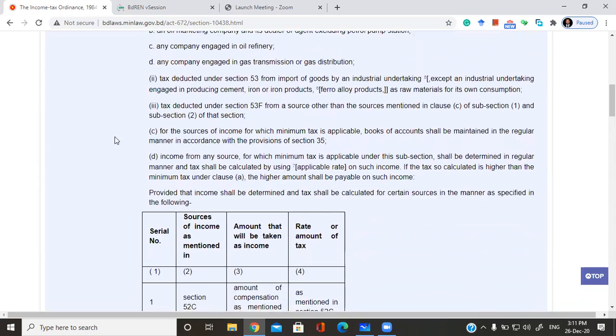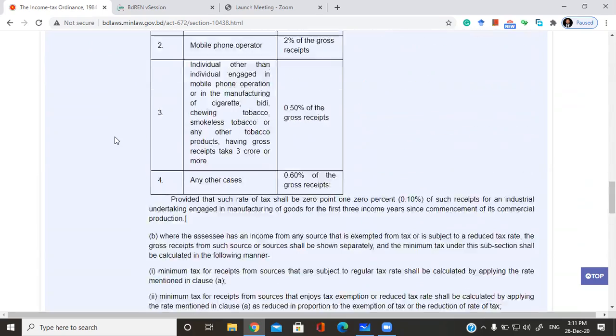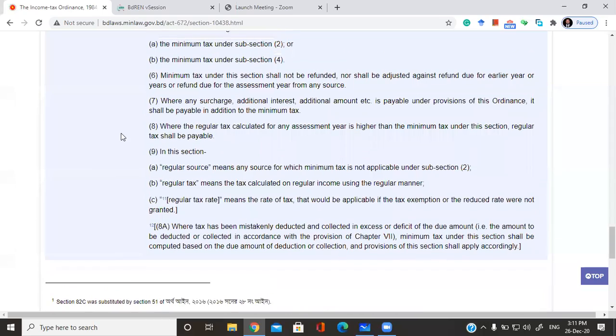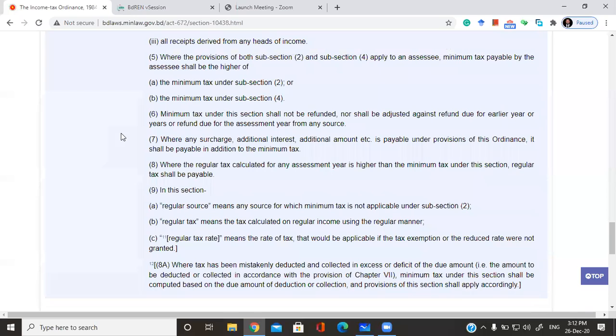Okay, so there are other details here, and other examples, but I would like to show you some notes you need to be careful about regarding the calculation of minimum tax. First of all, when you have calculated minimum tax, or you have some income on which minimum tax is applicable, and you know the amount of that minimum tax, that amount of minimum tax will not be refunded to you.